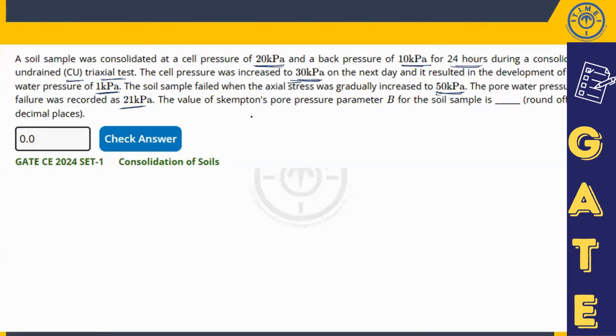So he had asked us one thing, my dear students, Skempton's pore pressure parameter, that is delta UC by delta sigma 3. So how much is sigma 3 initially? Cell pressure sigma 3 is 20 kilopascal initially.